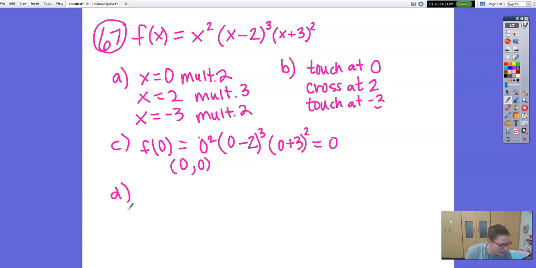Okay, part D says determine the end behavior. So remember, to find the end behavior, we have to first find the degree. And the degree of our function up here, since this is in factored form, we have to add up all these exponents. We have to know how many times x is being multiplied together. So 2 plus 3 is 5, and 5 plus 2 is 7. So this has degree 7.